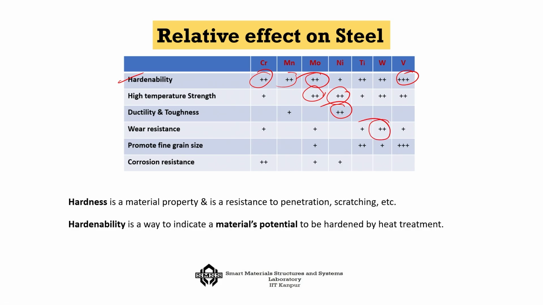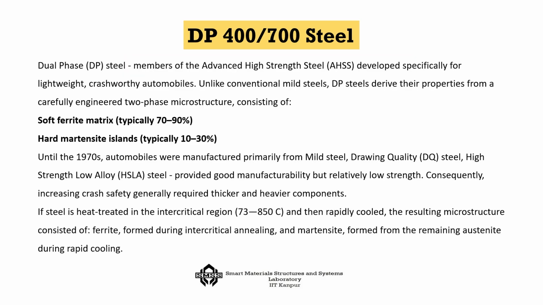Promote fine grain size, vanadium plays a very important role in promoting the fine grain size. Corrosion resistance mostly comes from chromium, and that is why the stainless steel is of chromium. So, this actually graphically tells us what are the things that are the contributor to the desirable properties while making the steel.